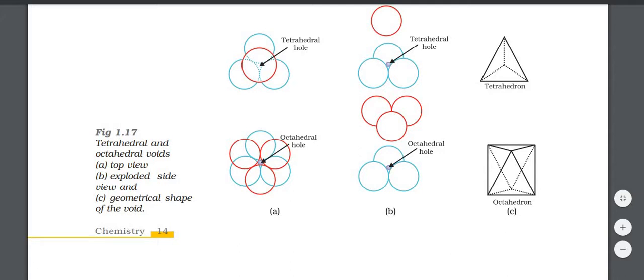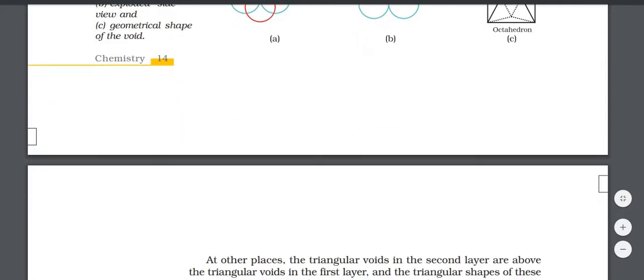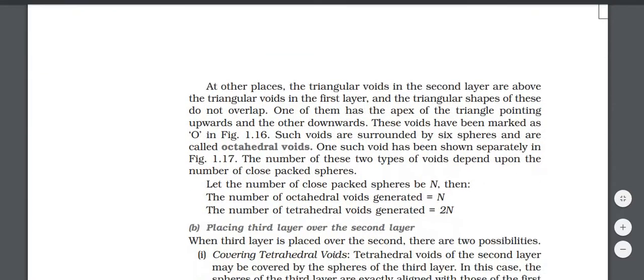Now keep three atoms in the form of a triangle, but with the vertex opposite, pointing south. The void formed by joining these six atoms is called an octahedral void. This is the meaning of tetrahedral and octahedral voids.